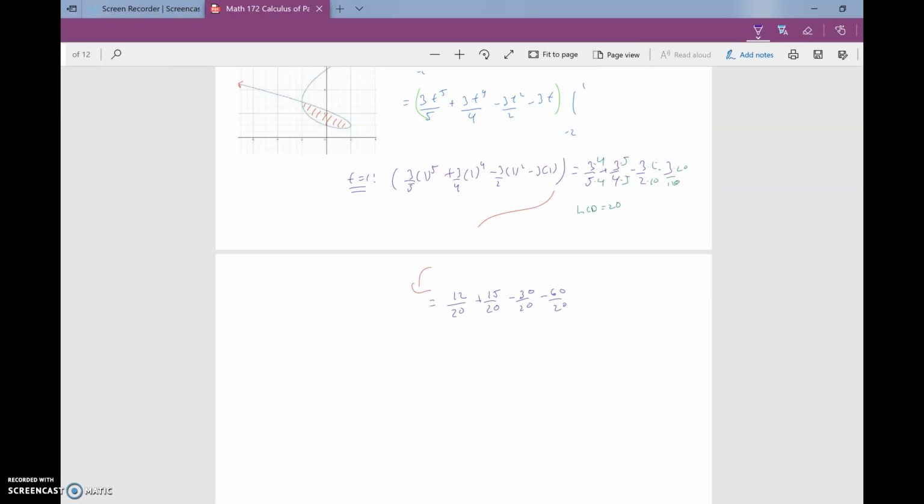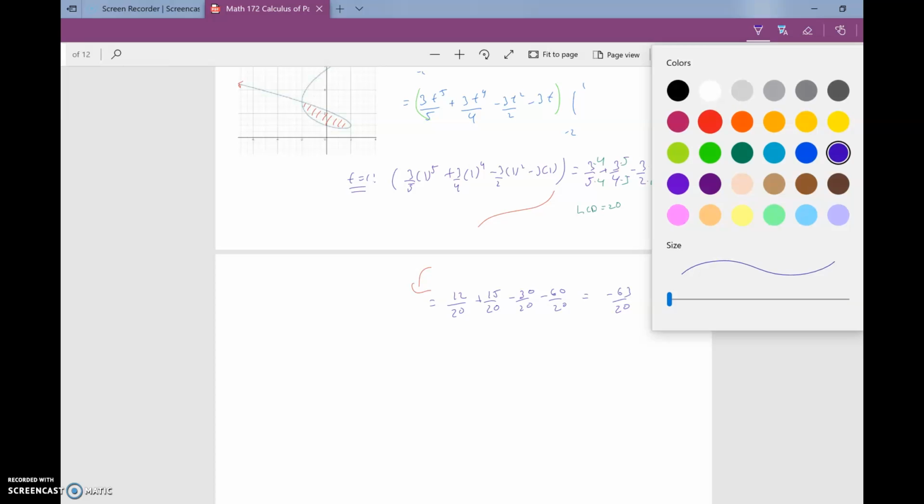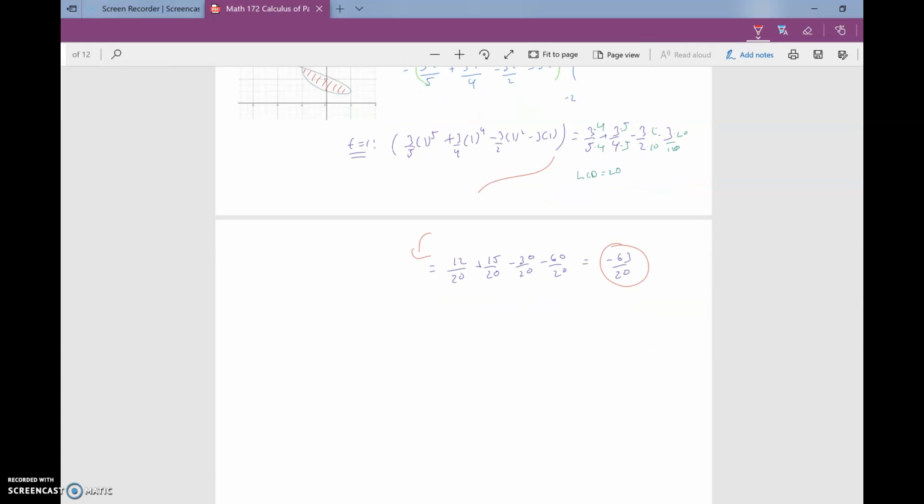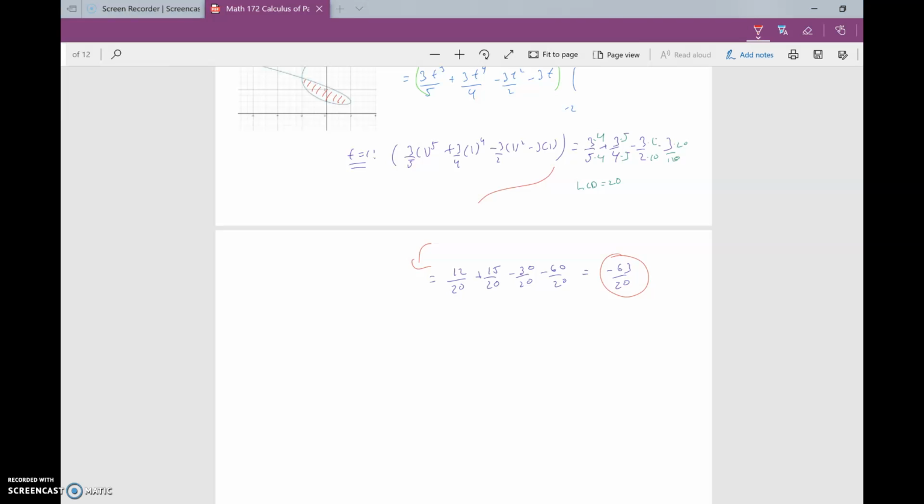Let me double check. Evaluating at 1, we're just going to get 12 plus 15 minus 30 minus 60. I'm getting negative 63 20ths for that portion. Let me double check that value.